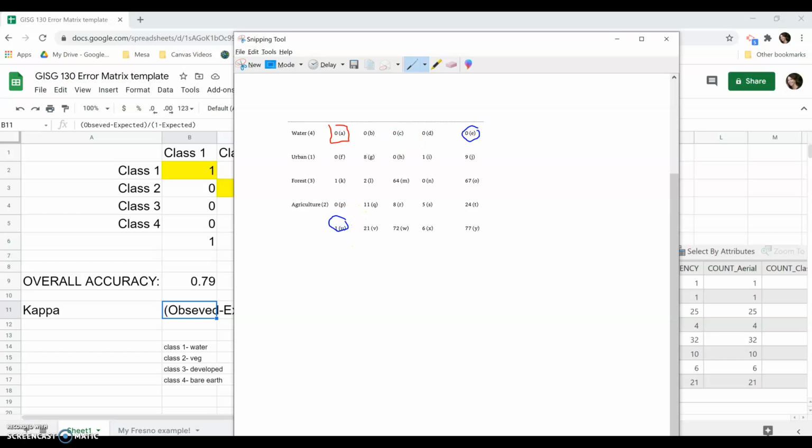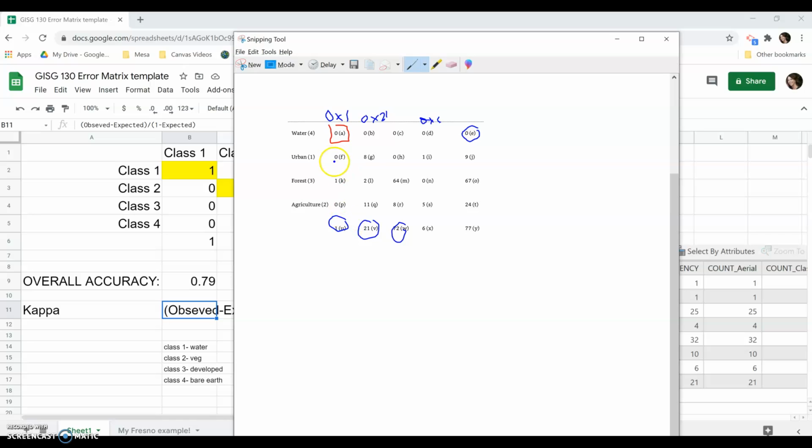So that's why in the book it says this one up here is 0 times 1. And for this row here, it's 0 times 21. So 0 times 21, 0 times 72, 0 times 6. For this last category over here it is 0 times 6. And so that's the pattern you're doing.